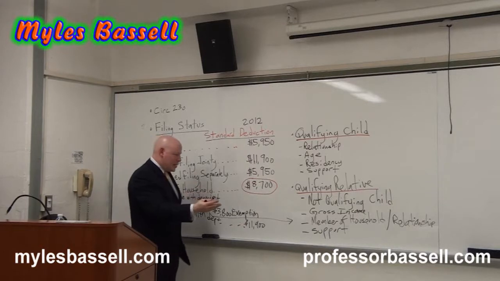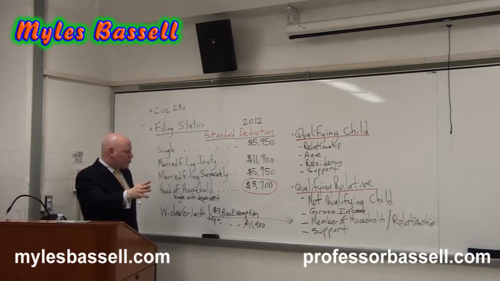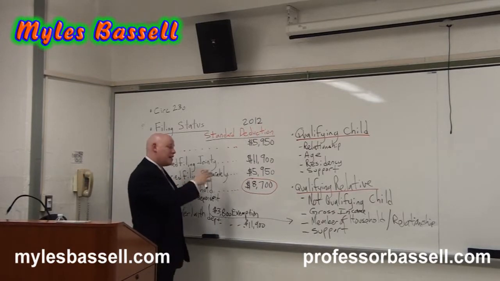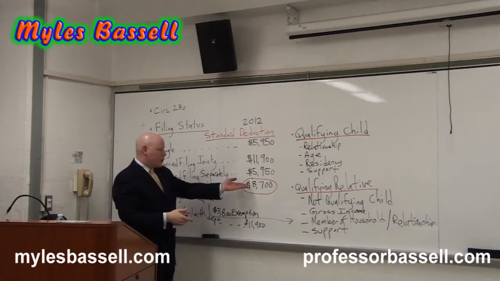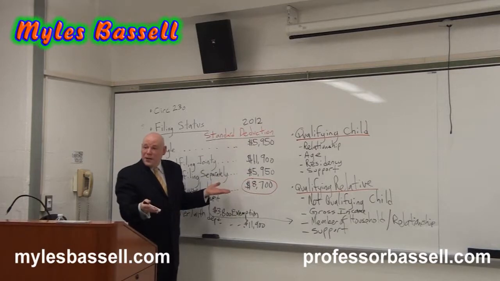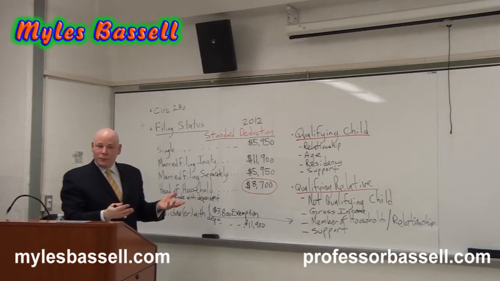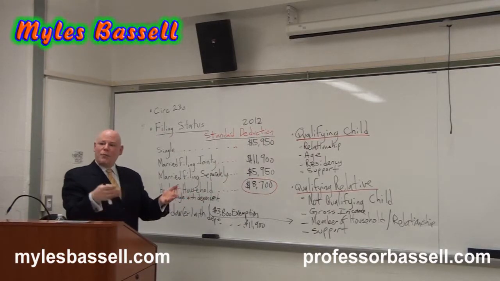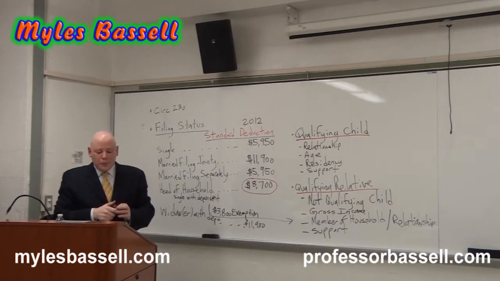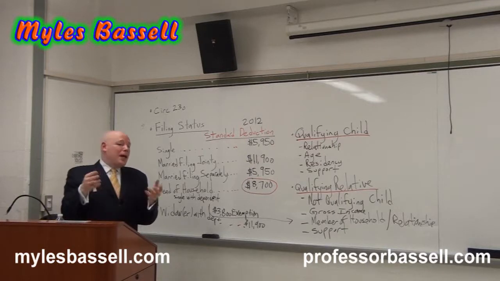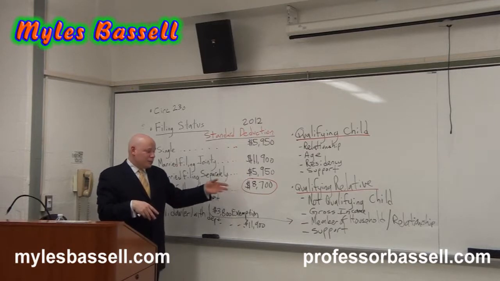In the IRS code, Congress has indicated that the standard deduction for head of household, a single person with a dependent, is $8,700. That's a very big difference, isn't it? About $3,000. You're going to reduce your income by about $3,000. So that might provide a tax shield of, depending on your tax bracket, maybe about $1,000. That's not insignificant.